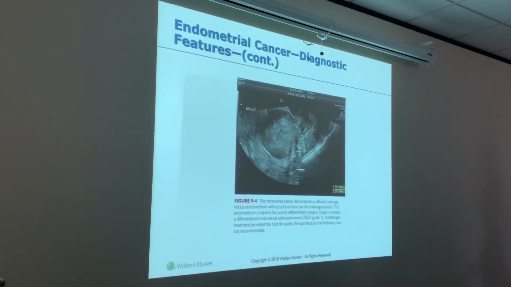Here is an endometrium that is very thick. Look at that. I only see a little bit of myometrium around it. It's lost its shape and it's very, very big. It's very heterogeneous. Something is seriously wrong.